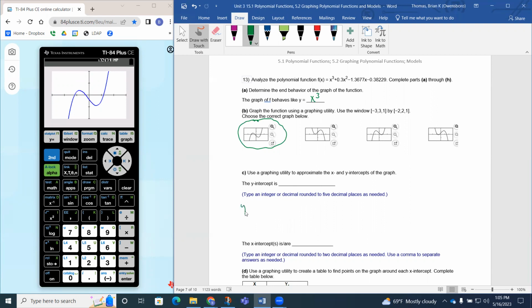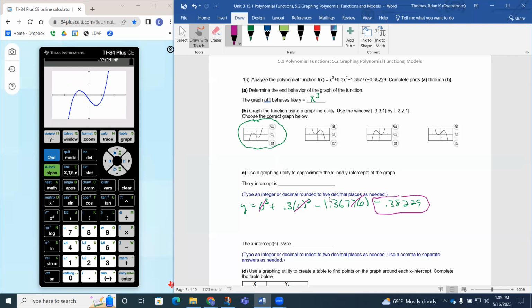So y is going to equal 0 cubed plus 0.3 times 0 squared minus 1.3677 times 0 minus 0.38229. Notice that when you multiply by 0, that's going to drop out, that's going to drop out, that's going to drop out. The only thing we're left with is the constant. So the y-intercept is really just going to be the constant.